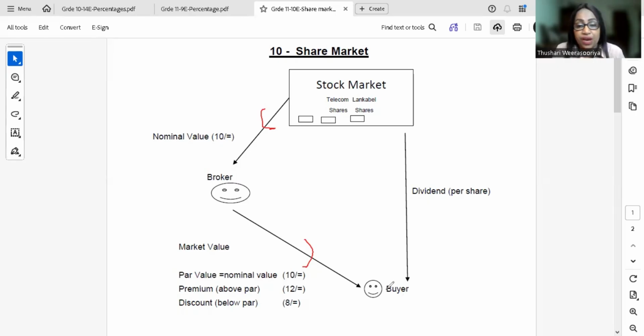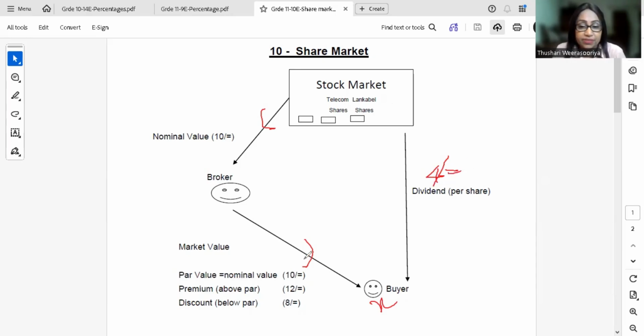Once I get the shares, he will inform that this X person bought some shares from HNB. Then the stock market will pay the dividend, per share, dividend 4 rupees per share, like that.